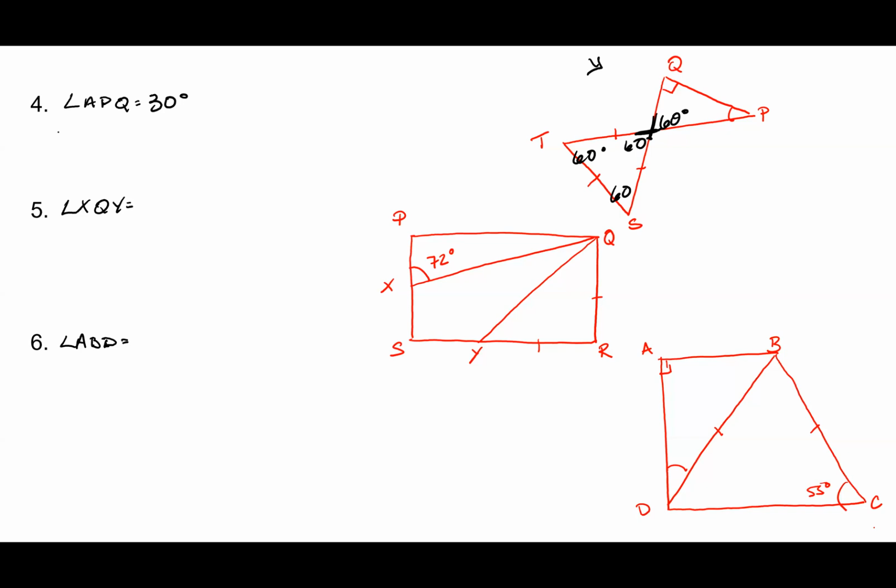Yep. Good. So we're going to subtract 90 plus 60 from 180, and we would get 30 degrees there. Good job. All right. Nora, you want to do the next one? Number 5? Let's see, we're looking for angle XQY.